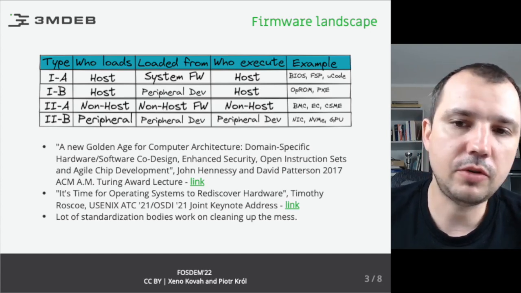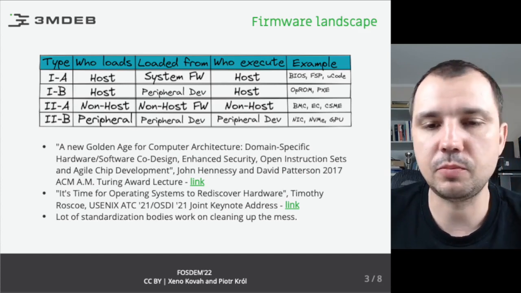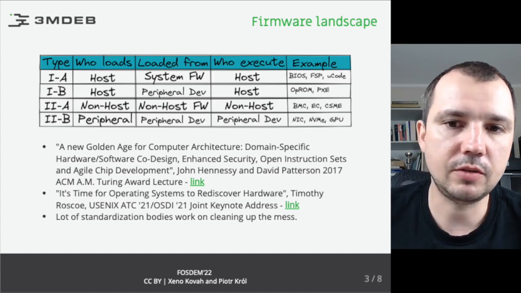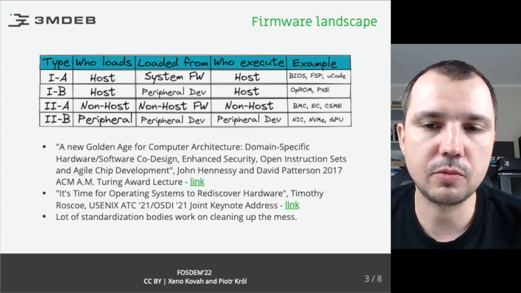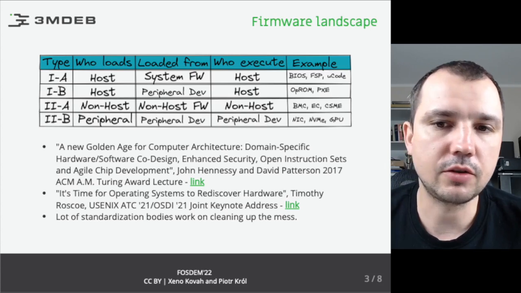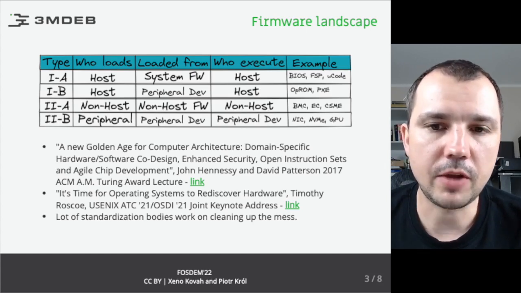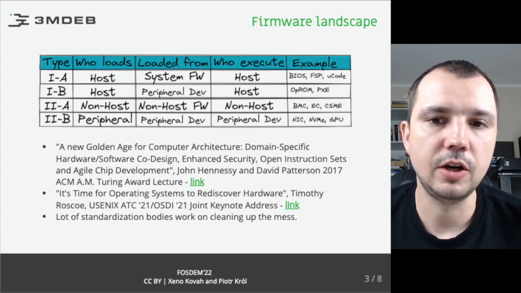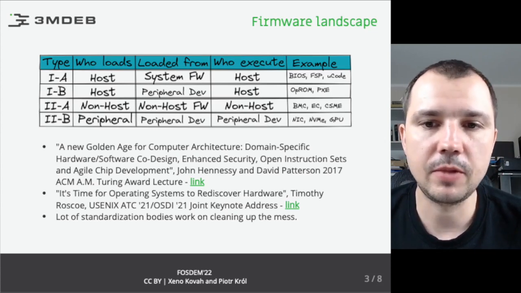One more thing I want to say about the firmware supply chain, which I think is related to the problems we're facing and which I will talk about on the next slides, is that many standards groups are already working on firmware supply chain issues. The Trusted Computing Group has a firmware integrity measurement spec, the IETF is working on remote attestation, related of course to attesting measurements gathered in the TPM, and there are many others.